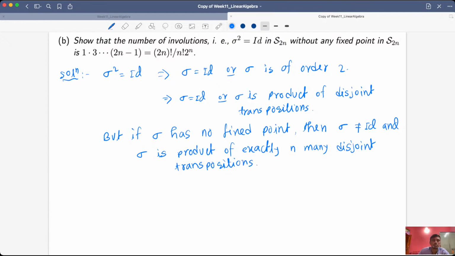Okay, so we need to find all those sigma belonging to S2n such that it is a product of n many disjoint transpositions.